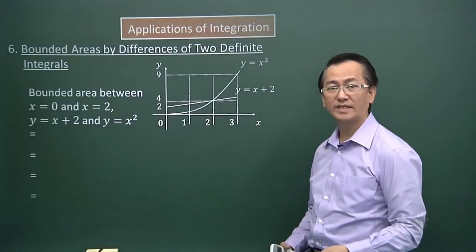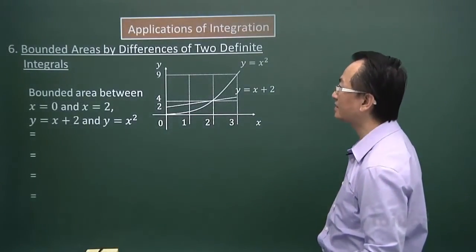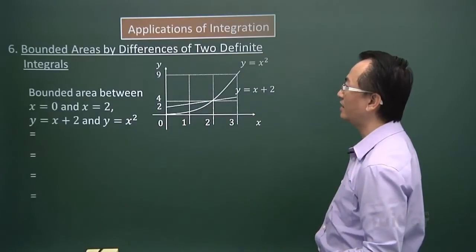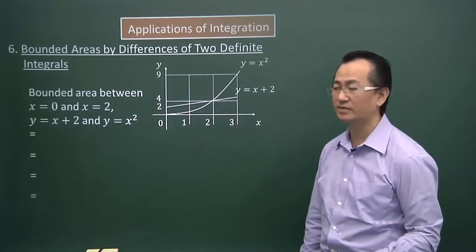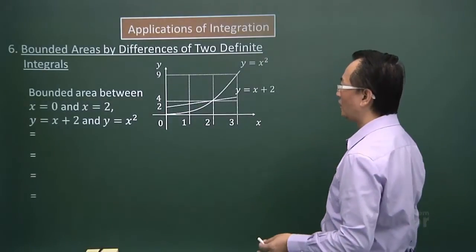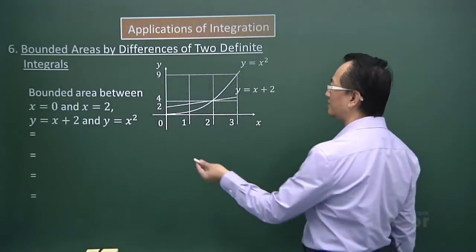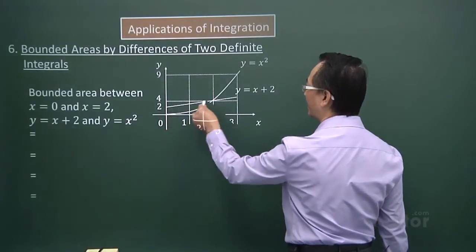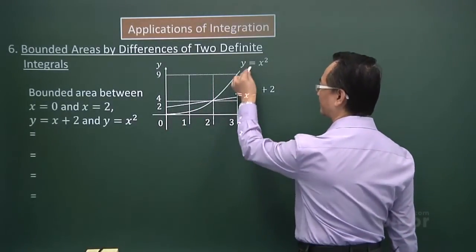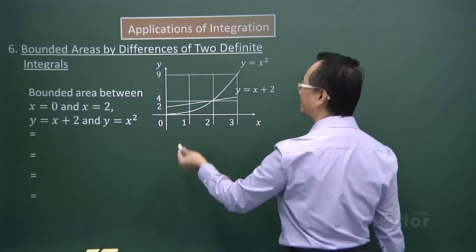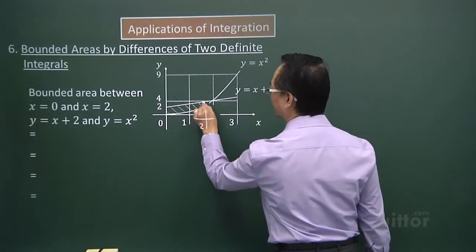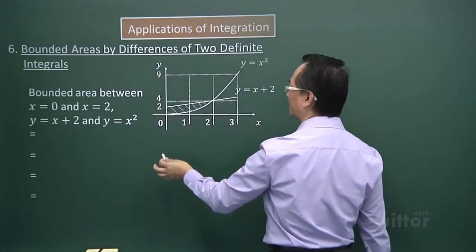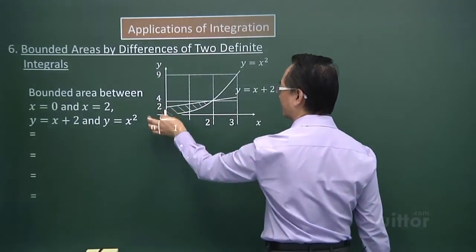Now we look at point 6. Point 6 is about bounded area by differences of two definite integrals. Now in this case, you can see there is a straight line and a curve. And of course, this bounded area has a side here, y-axis.